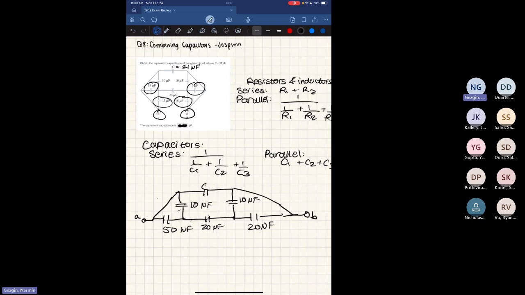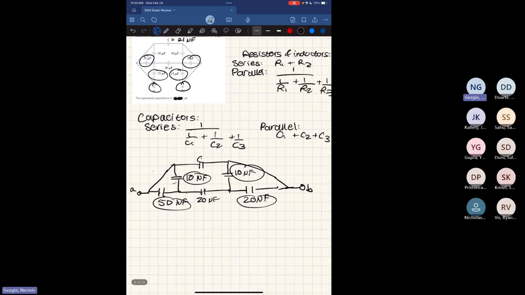So now we can also combine these two in parallel and these two in parallel. It's the same thing. So you would add 10 plus 50, that's 60.